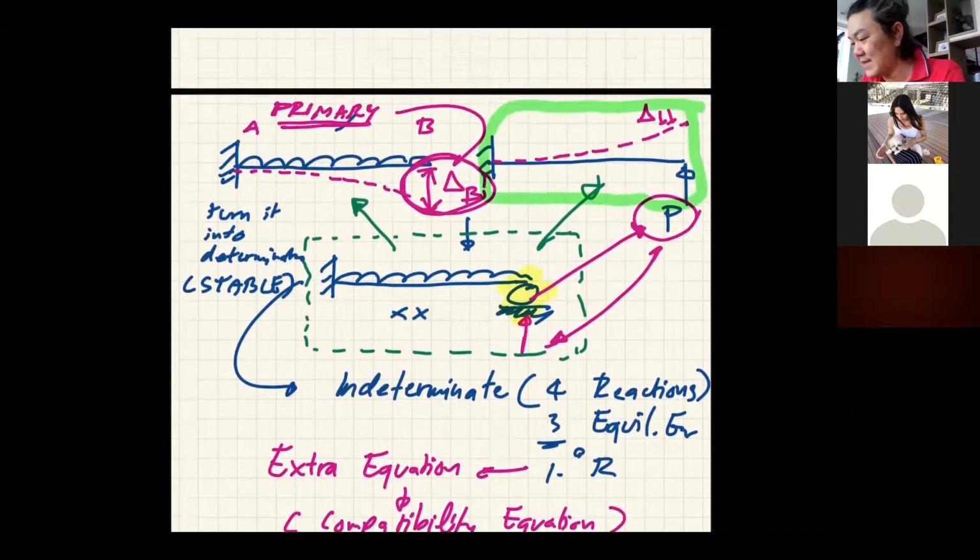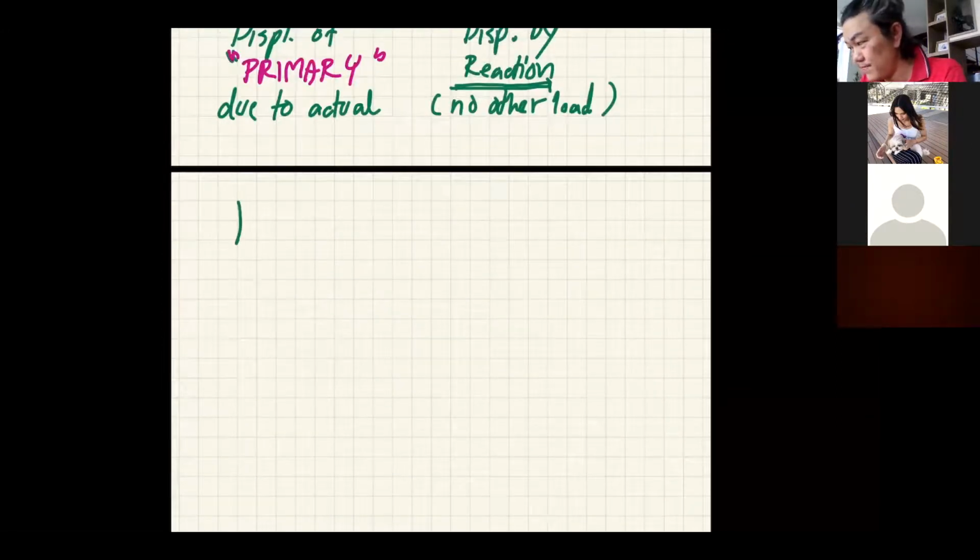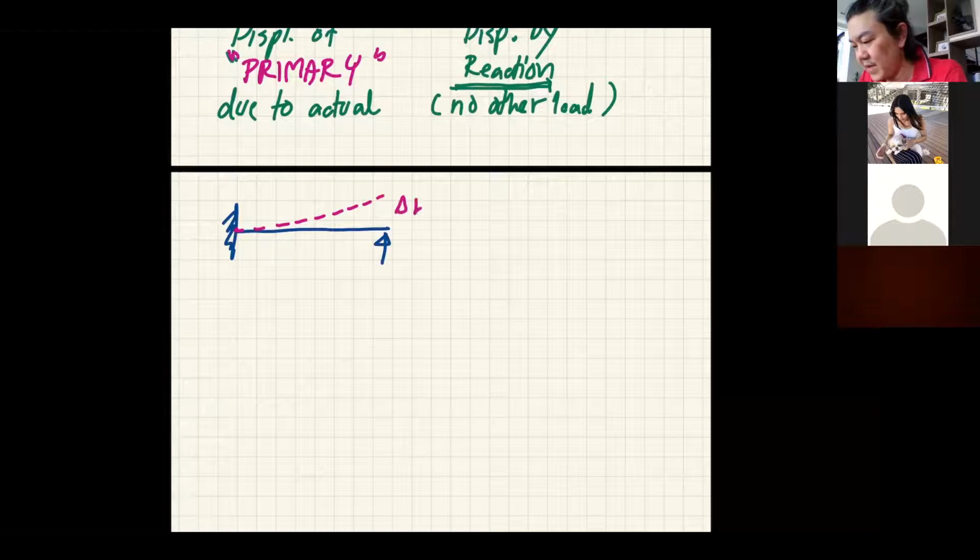So let's say we focus on the reaction, just the reaction, okay? Now you know that whatever this is, the reaction has to produce the same amount of displacement as the external load, okay? So we call this delta BB.